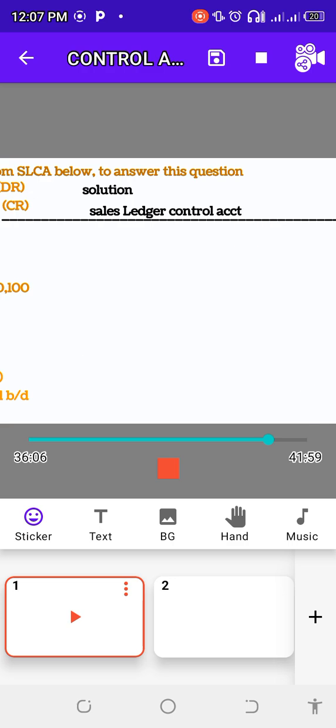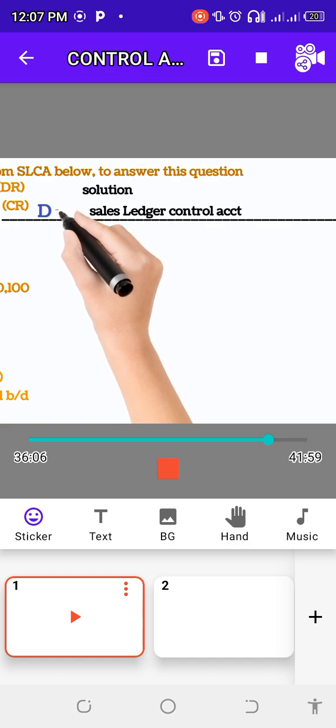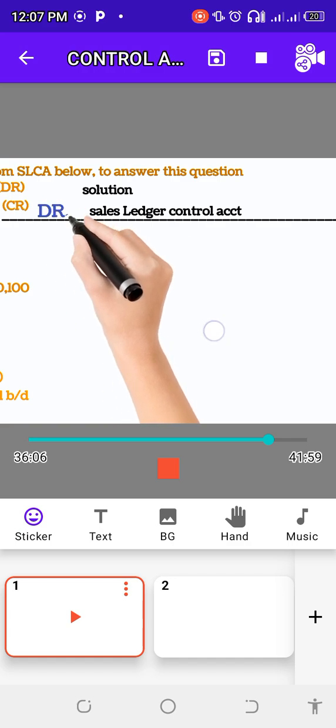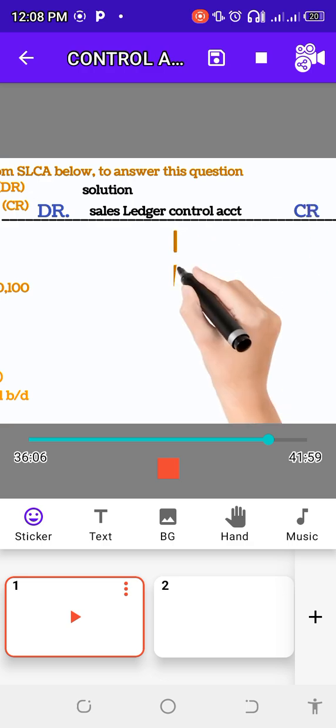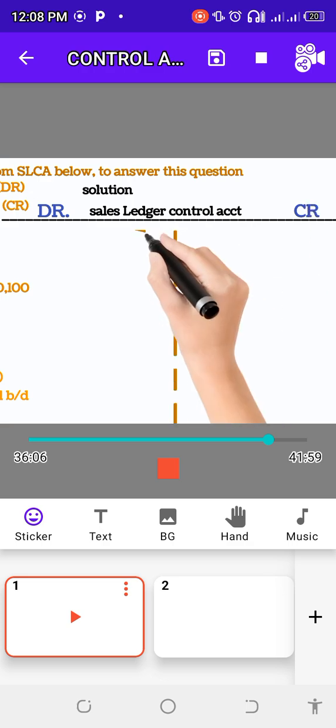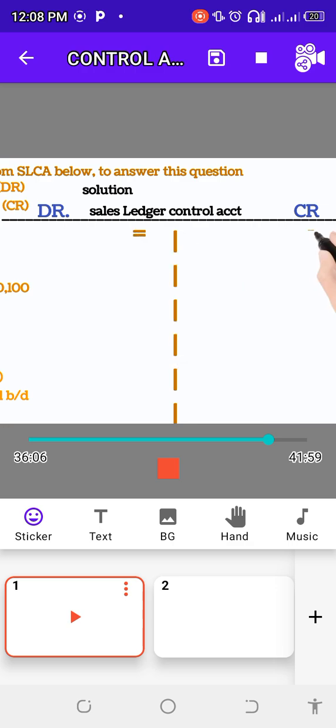Now, solution: the sales ledger control account, with the debit side, the increasing side, and the credit side, the reducing side. Accounts are recorded in monetary form, so the unit of account must first be stipulated, that is, in naira.